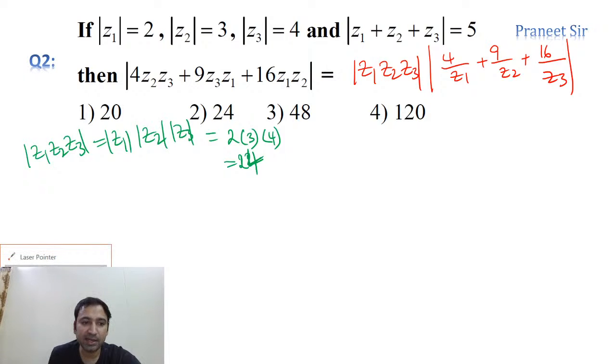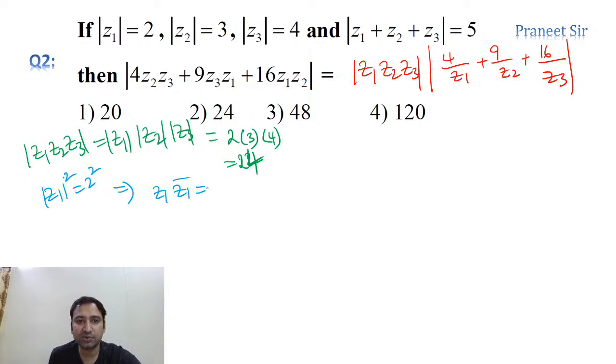And then, to simplify the remaining part, can we write |z1| equals 2? Let's square it on both sides. If you square it, |z1|² can be written as z1 into z1 bar, which equals 4. From this, can we write z1 bar as 4 by z1? Clear?